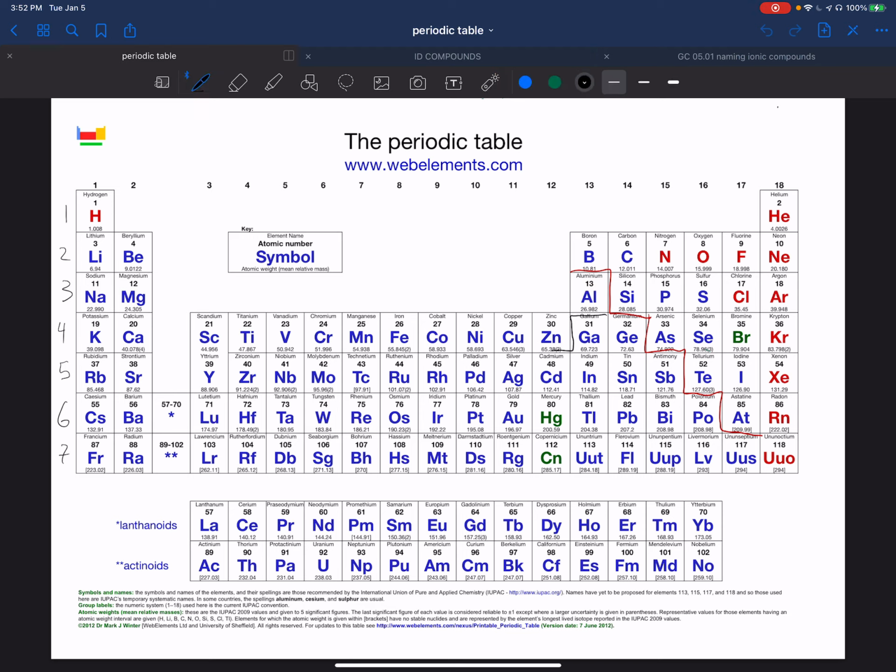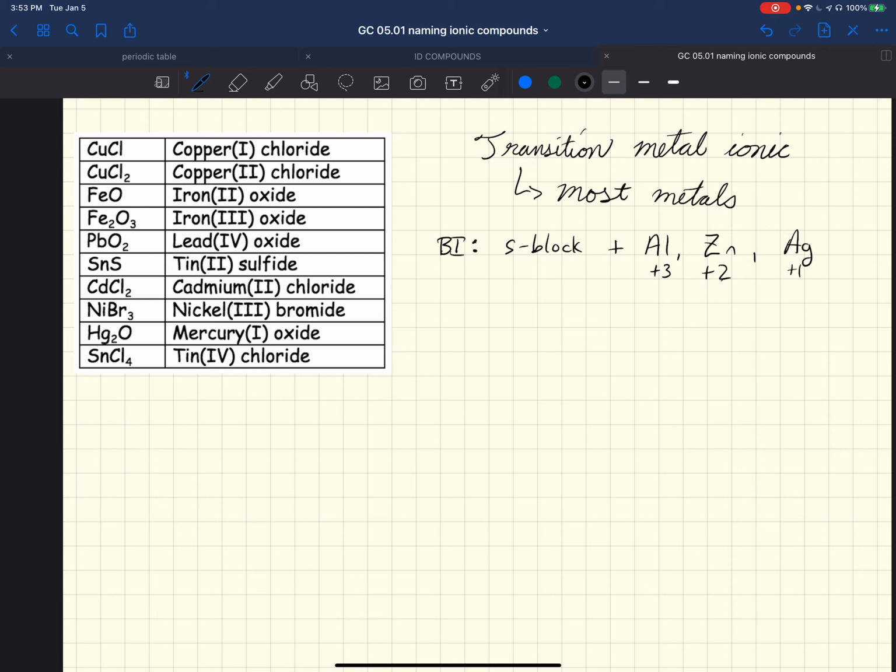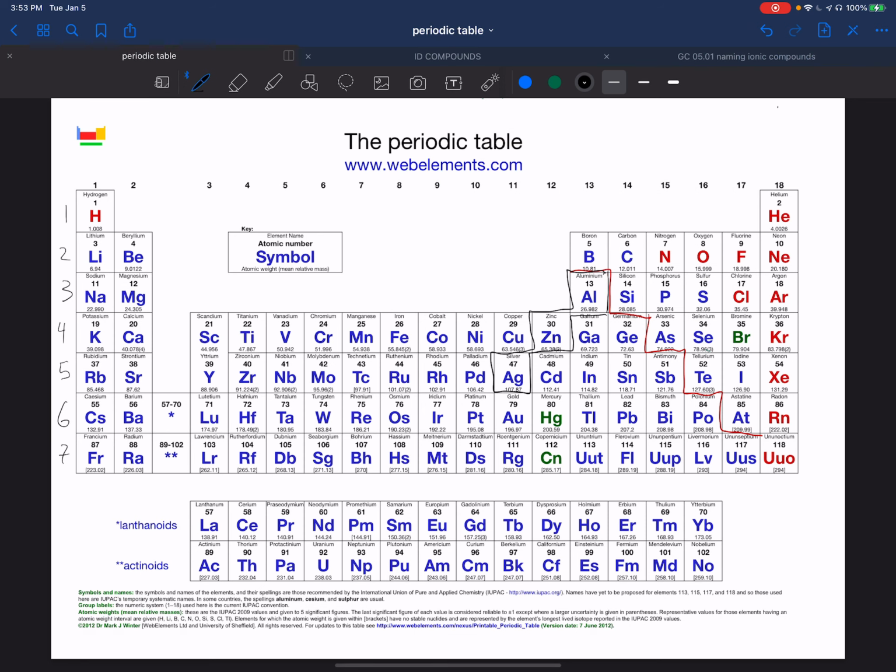Not only do you have to memorize that these only have one possible charge, you also have to memorize what the charge is. Aluminum has a charge of +3, zinc has a charge of +2, and silver has a charge of +1. You have to know those, okay?